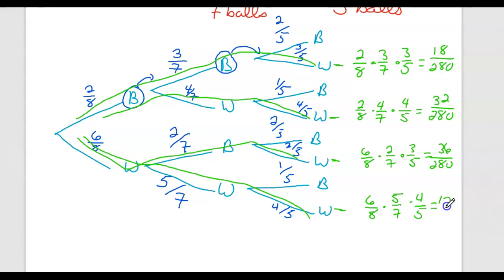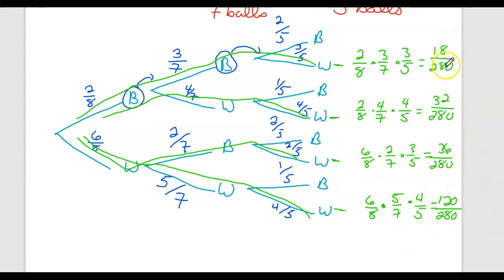and 120 over 280. And the reason why I multiplied is because I want this to happen, and I want this to happen, and I want this to happen. The multiplication is an and. I want the first event to happen, and I want the second event to happen, and I want the third event to happen. Now, I could do this event, or this way, or this way, or this way.